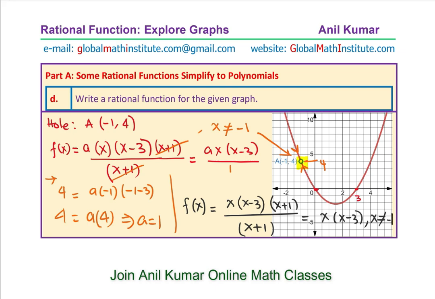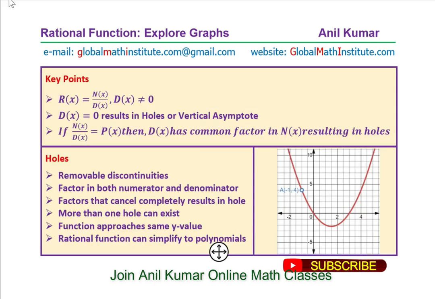Makes sense? So, with that, we understand completely that many rational functions can be simplified to a polynomial form with some restrictions. And these polynomials will always be represented by a continuous graph with a discontinuity, and the type of discontinuity is the hole. So let's try to understand all these things which we have learned in today's video.